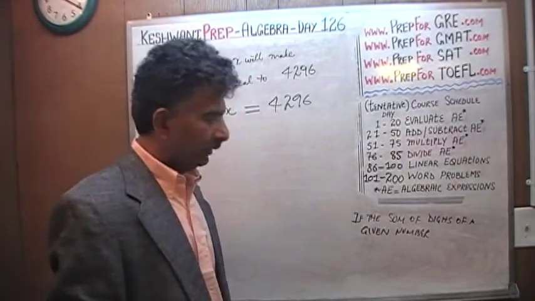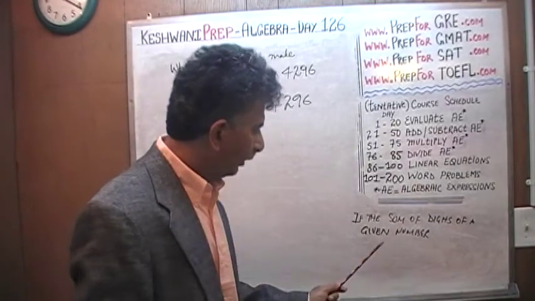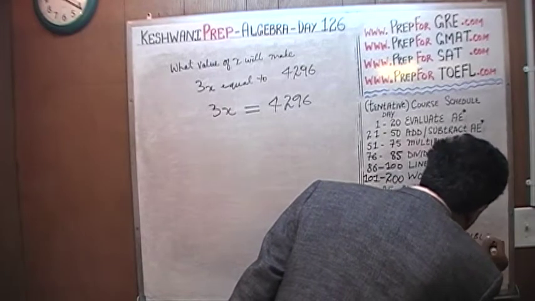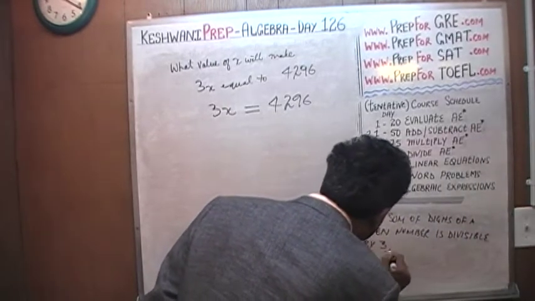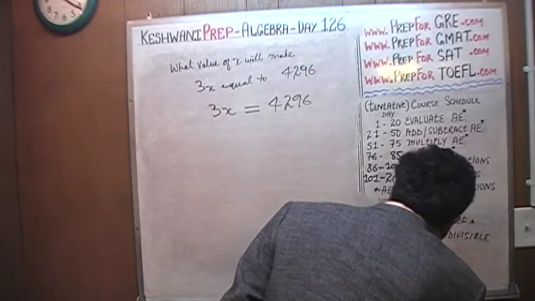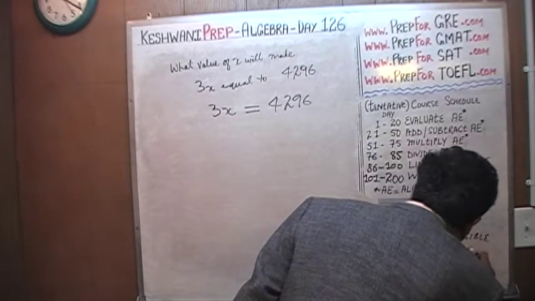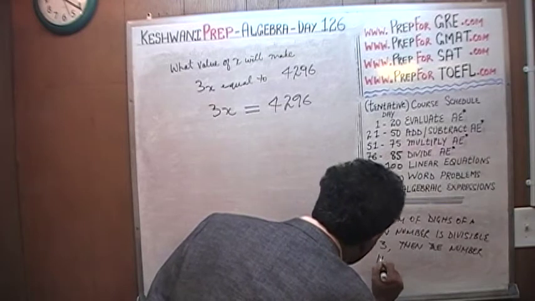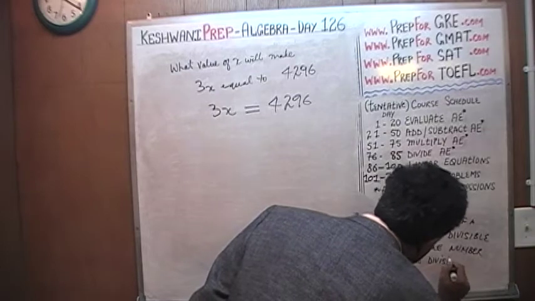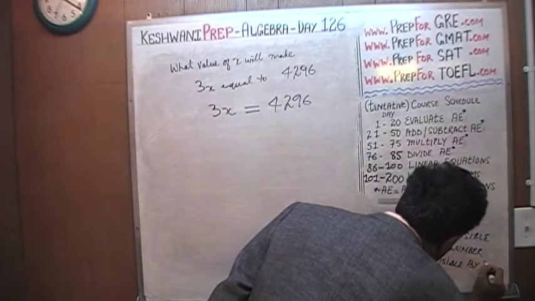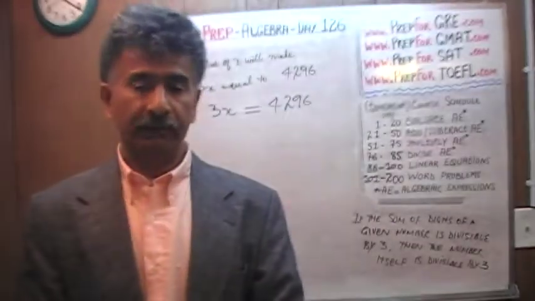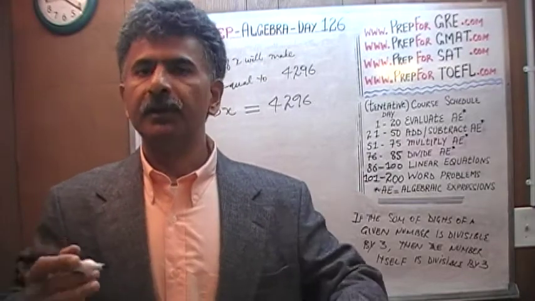If the sum of the digits of a given number is divisible by 3, then the number itself is divisible by 3.